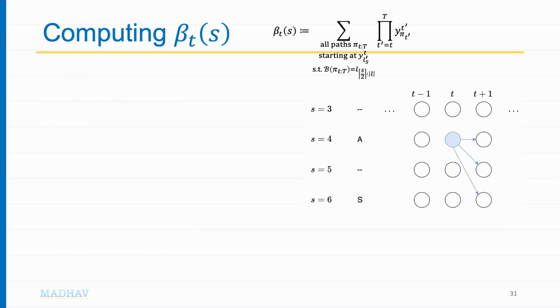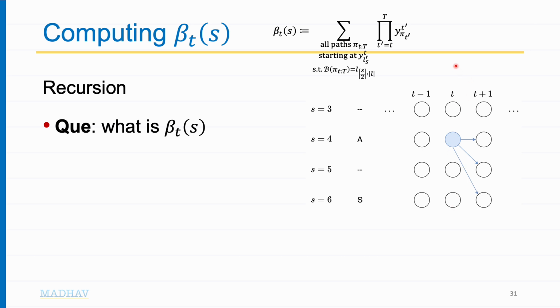All right. Now again recursion. So now tell me what is beta T S? If you know beta T plus 1 S, you know all these beta T plus 1.